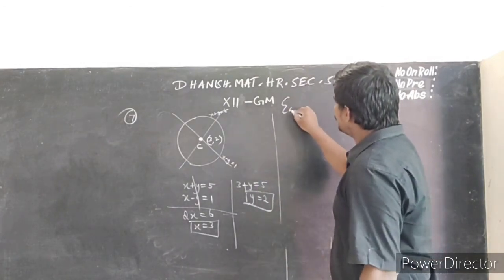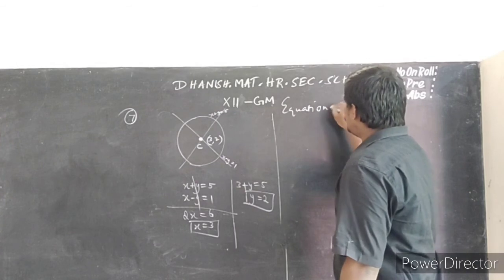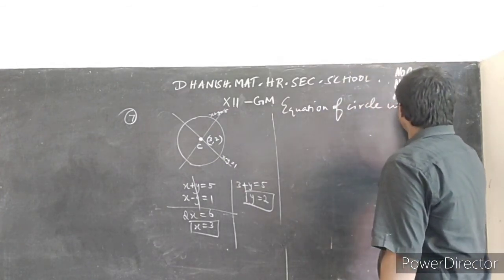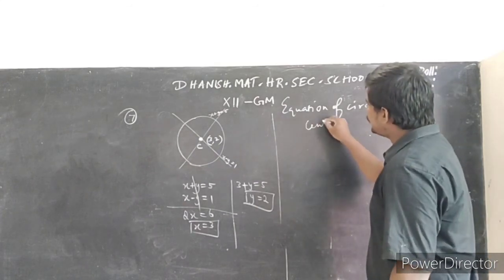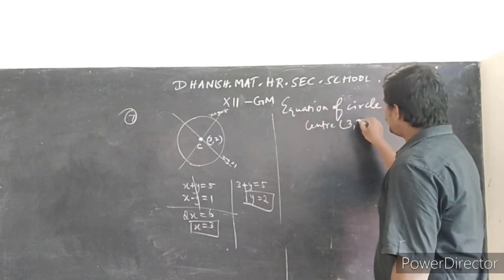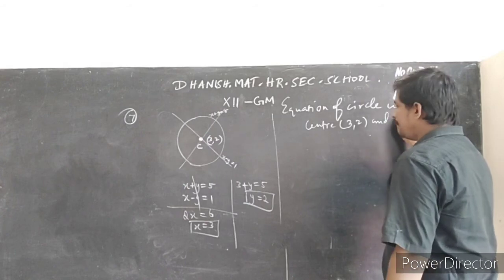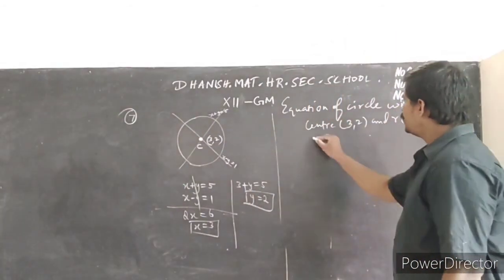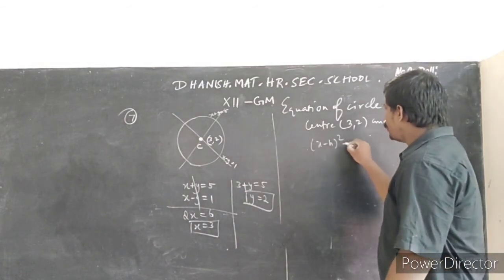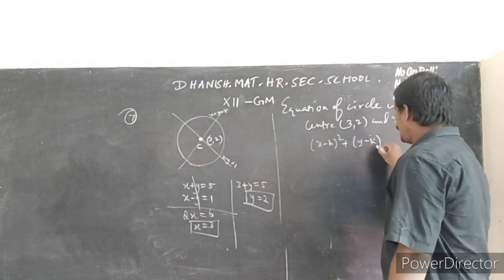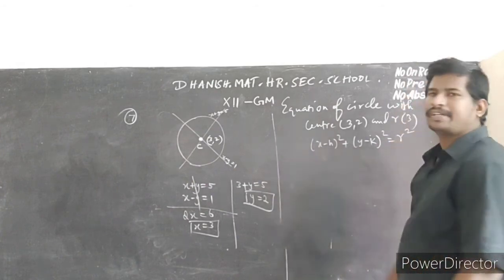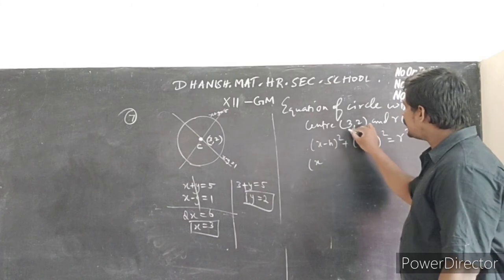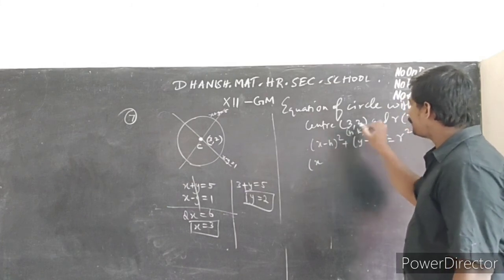So the equation of the circle with center 3, 2 and radius 3. We are going to use the standard form of the circle: x minus h whole square plus y minus k whole square equal to r square. Now we are going to substitute the values. The center can be taken as h and k.